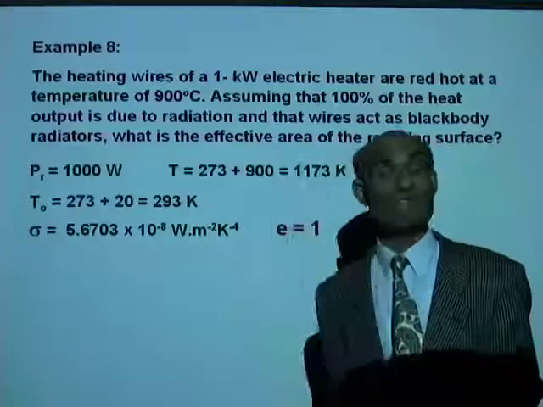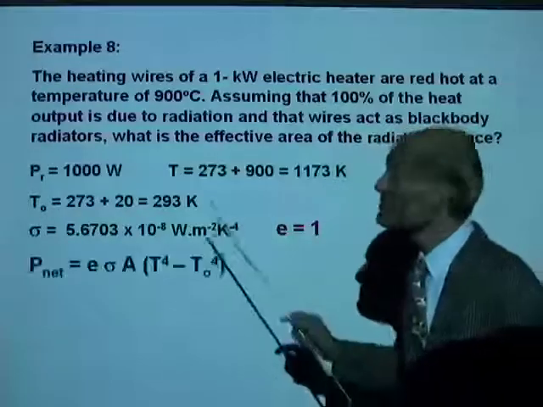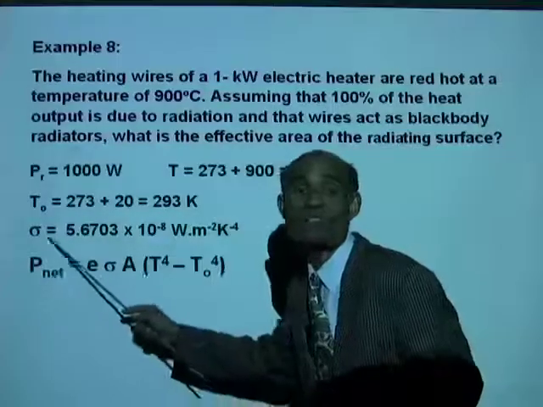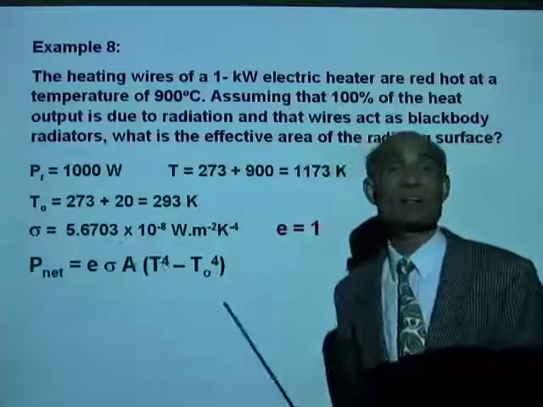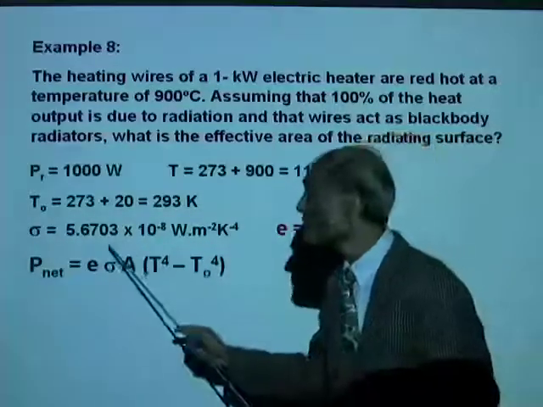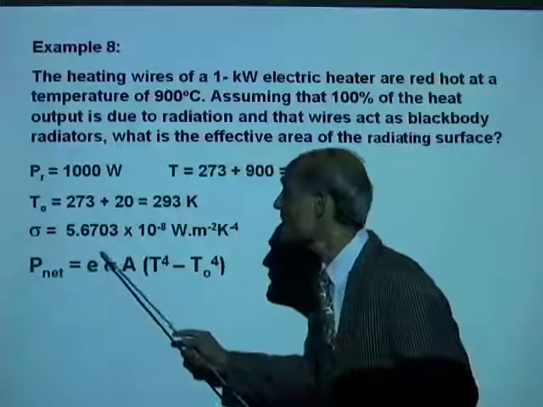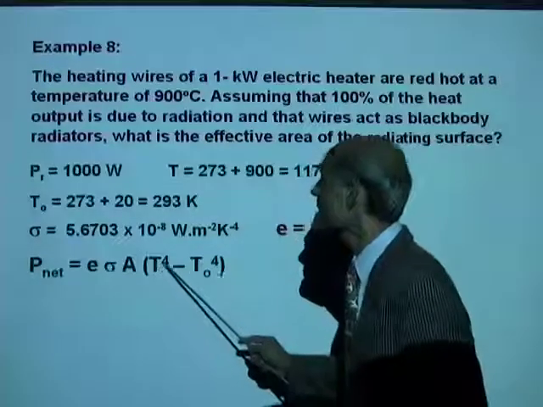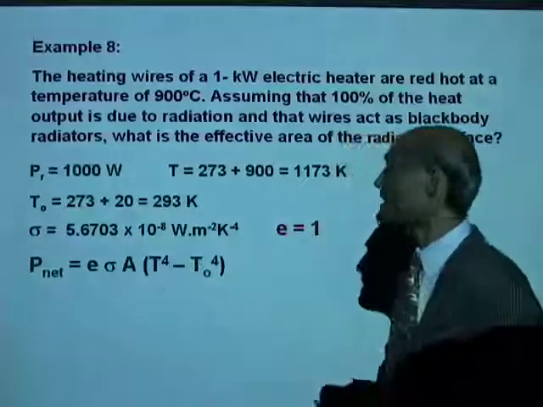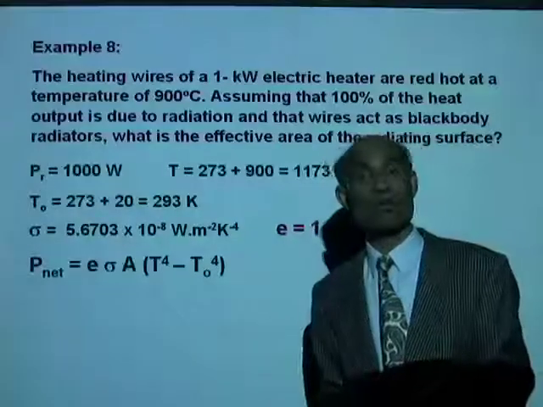It's a perfect radiator. All we need to do is write down the equation for the net power radiated. The net power radiated is E sigma A times T to the power of 4 minus T0 to the power of 4.